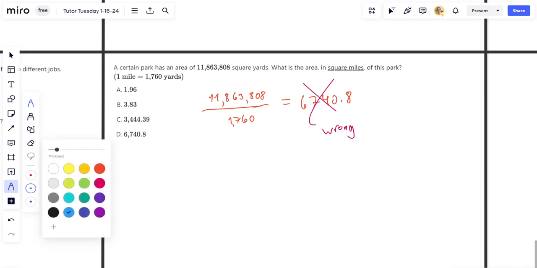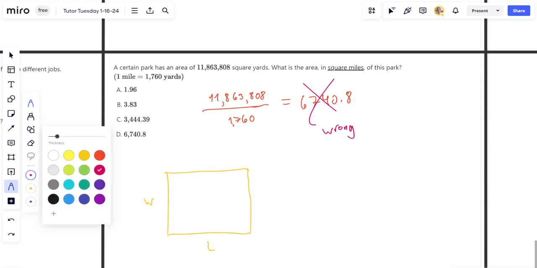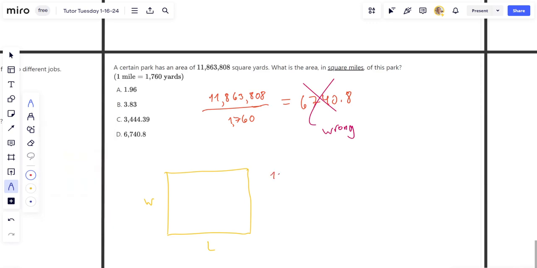Because it's square units, square miles and square yards, there's a length and a width here. It'll make more sense if I write the units out. So we have 11,863,808 yards squared.